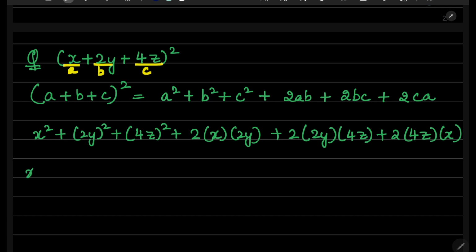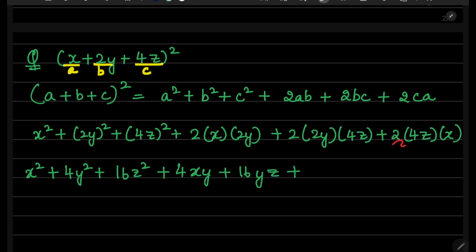So you'll have x square plus (2y) the whole square is 4y square plus (4z) square is 16z square plus 2 into 2, 4xy, plus 2 into 2 into 4, 16yz, plus 2 into 4, 8zx. So this is your final answer.